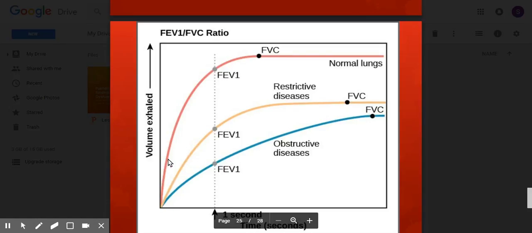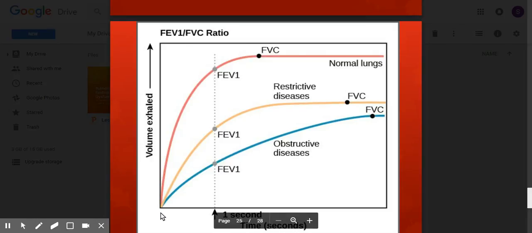The other interesting thing to note here is the length of time it takes the patient to reach the completion of their FVC, which is denoted by this dot right here. So all the air that the patient can exhale has been exhaled at this point in time.